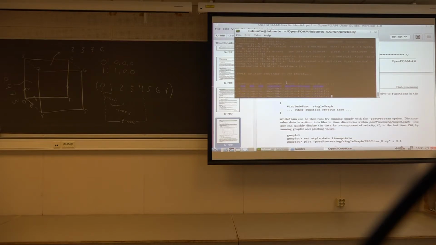So now, yes, I get the same results. It finished in 298 iterations, and I have a new folder now. The one I just destroyed is called post-processing.